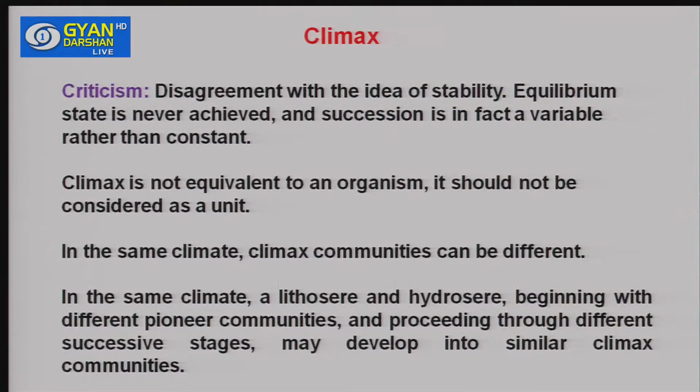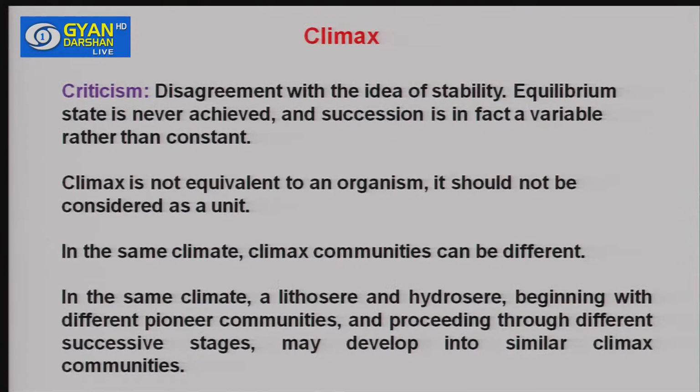So accordingly, the climax community is also supposed to change because climate is not fixed. So how could this particular definition of Clements be accepted then? That the climax is a stabilized community which is dependent on climate, but the climate as a whole is not stable because it keeps on fluctuating.